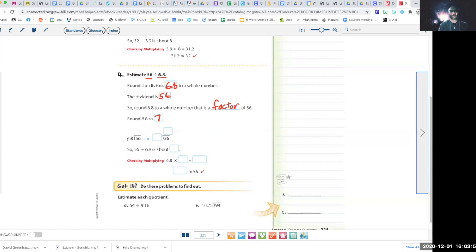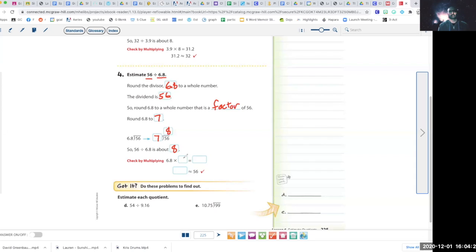So now instead of 6.8 into 56, it's going to be 7 into 56, which is 8, because 56 divided by 7 is 8. So 56 divided by 6.8 is about 8. And I can check by multiplying.